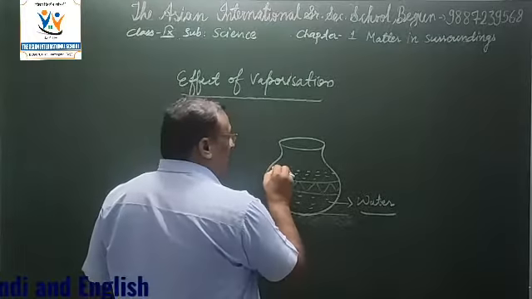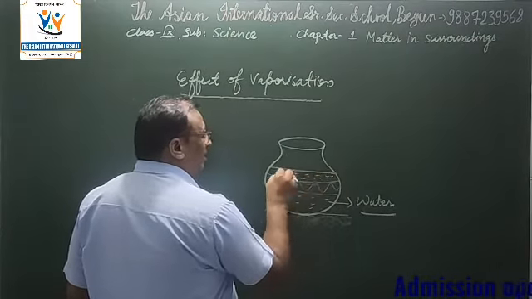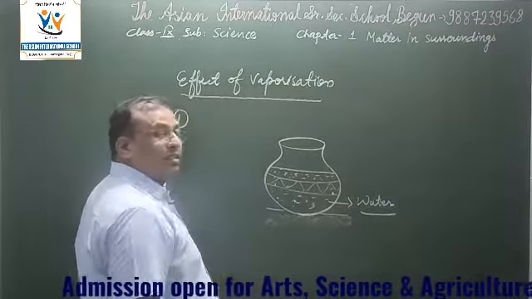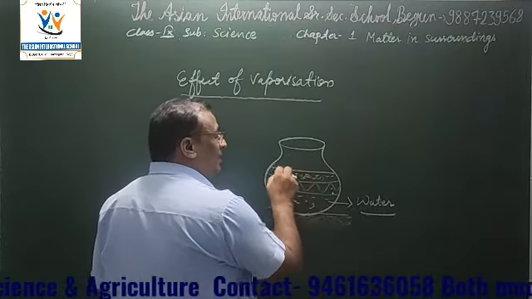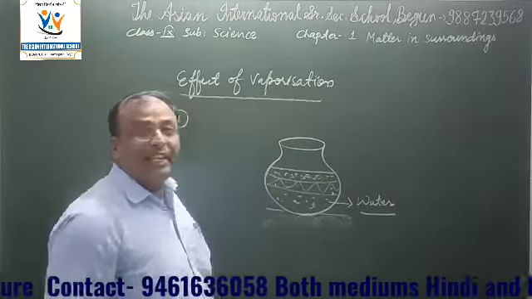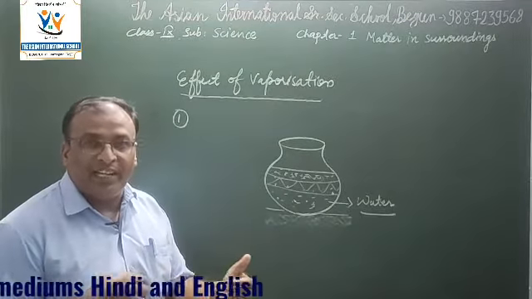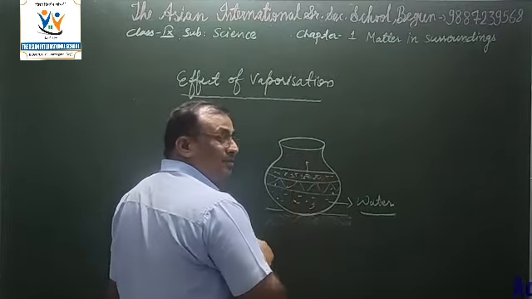You observe that the particles present inside the pot, these are the particles of water, strike each other, and in this case the energy of these particles is taken for striking, for colliding. These particles move from here.